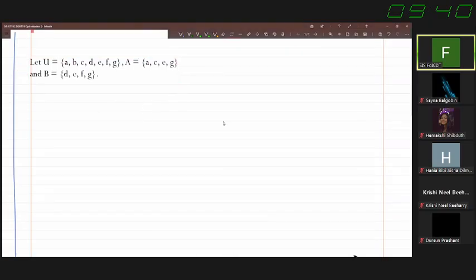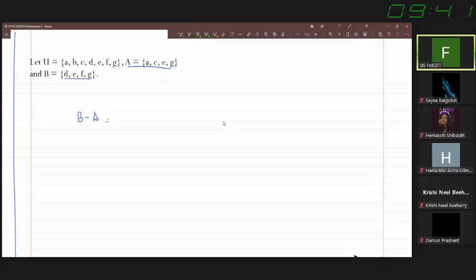So let's do it together. B minus A would be, so B is, you need to remove A from it. So this is A and this is B. So you need to remove what you have in common between them. It's not A minus B, it's B minus A.